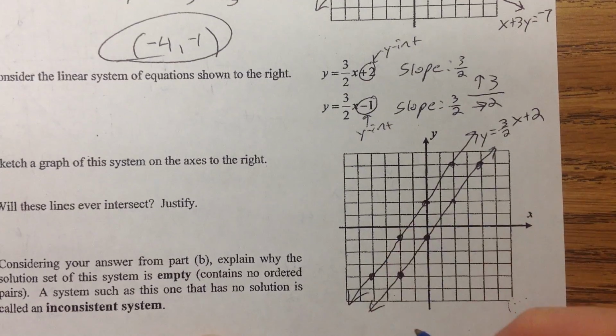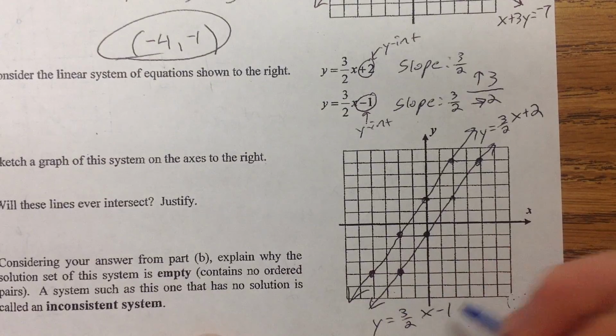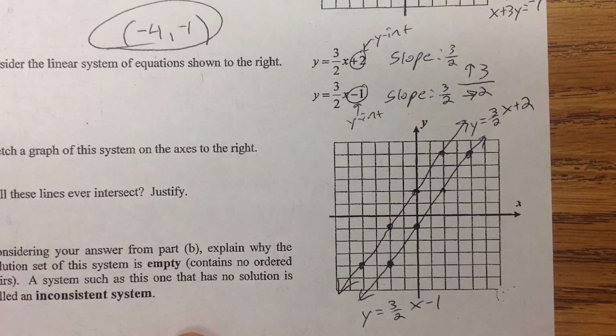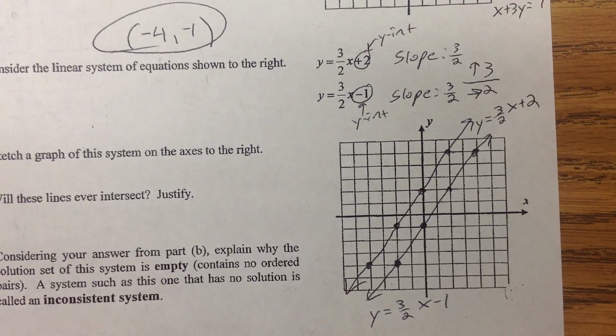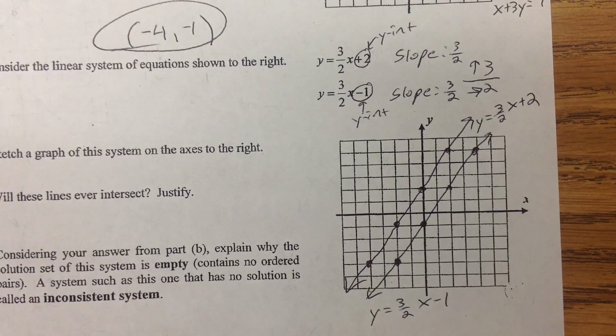And we get y equals 3/2x minus 1. All right. So if we see here, these lines are actually never going to intersect. These lines are what we call parallel. When two lines have the same slope, those lines are going to be parallel.